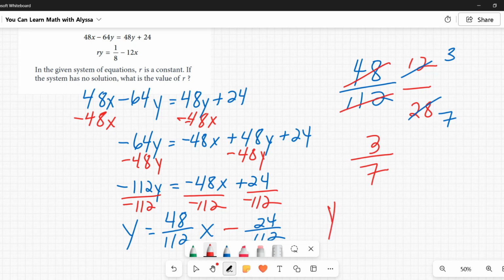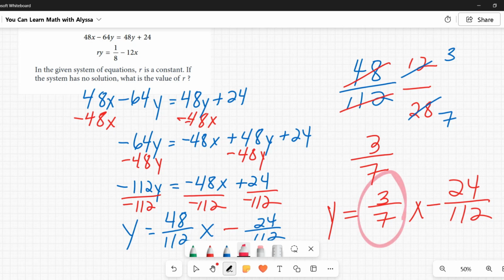So this is the same as y equals 3/7 x minus 24 over 112. All right, so now I know that my slope for that first line is 3/7. So I'm going to write that up here. My slope for that first line is 3/7.